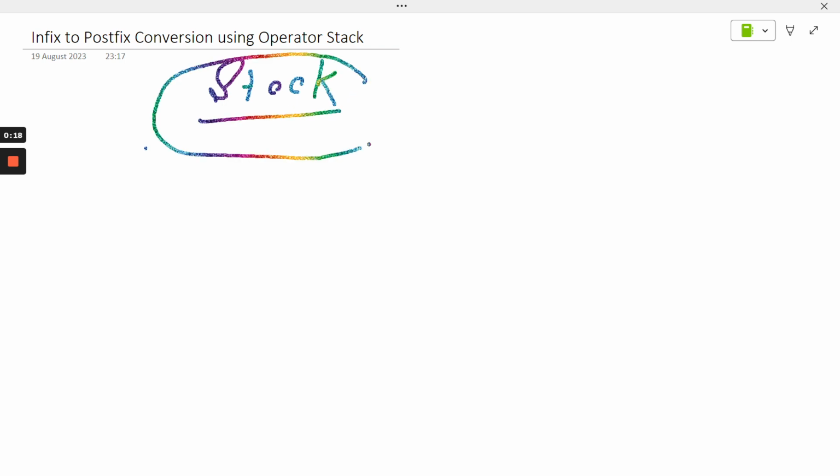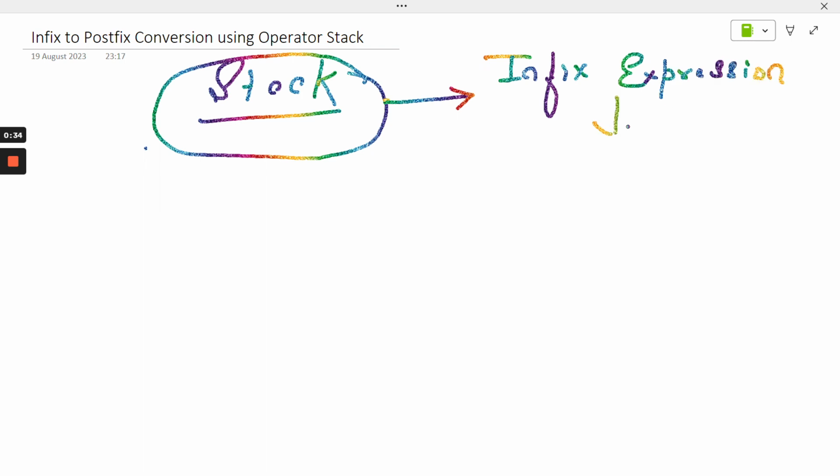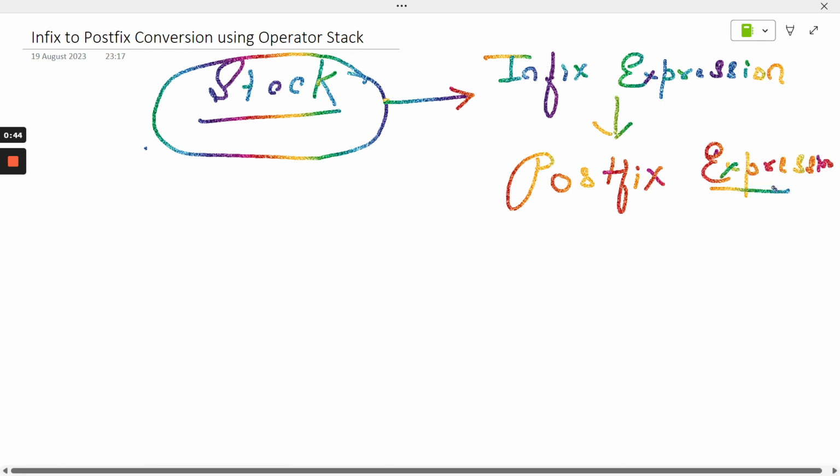Why do we need a stack, and how can the stack data structure be used as an underlying data structure for converting an infix expression, that we provide to the computer, to a postfix expression? This is a very important implementation for the stack data structure. So let's see with an example.